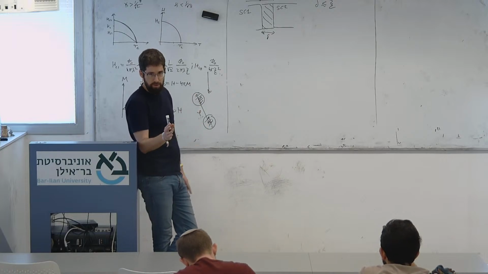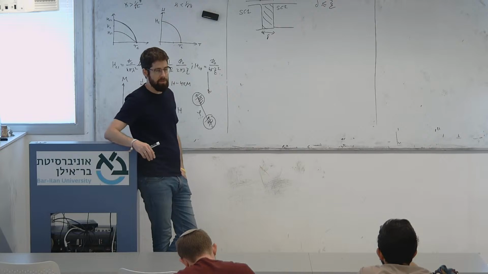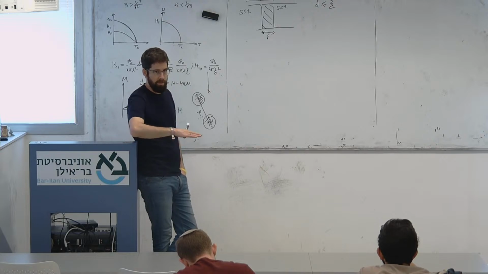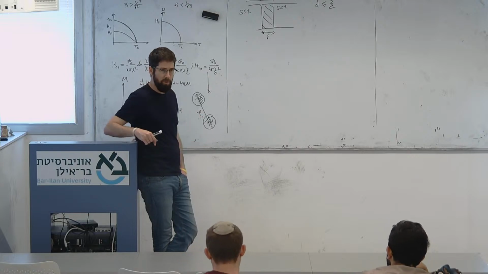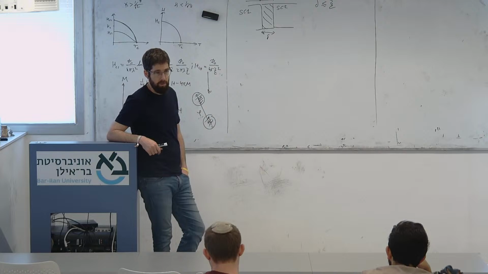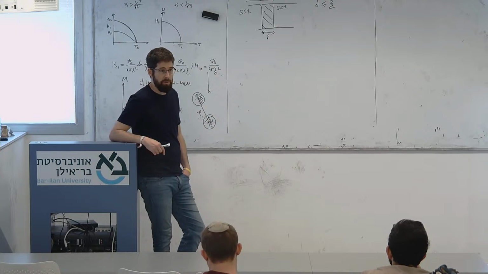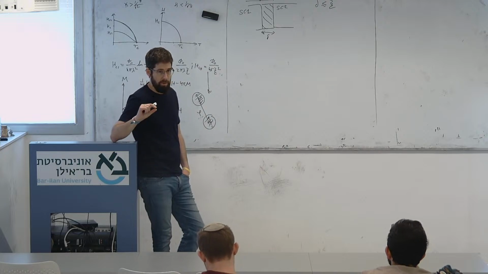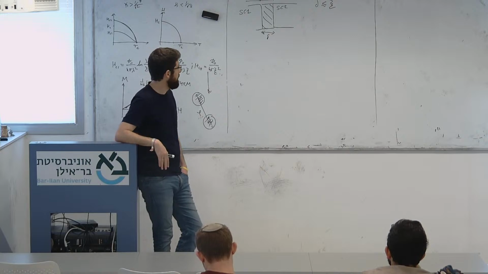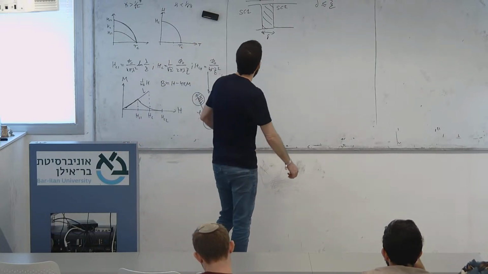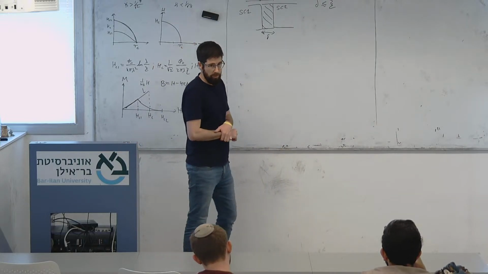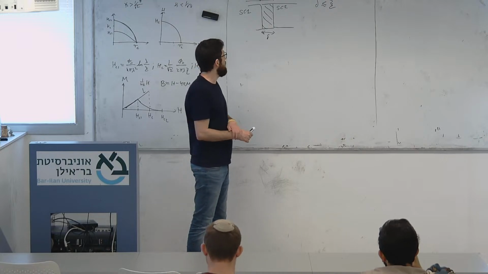For whatever reason, aluminum tends to create extremely clean and uniform oxidation layers. And that creates some of the cleanest and highest quality Josephson junctions. So this is the kind of thing we're imagining.